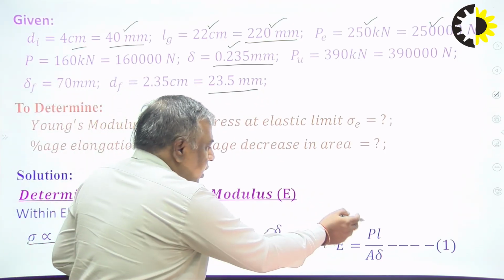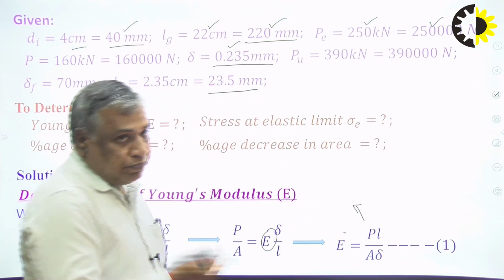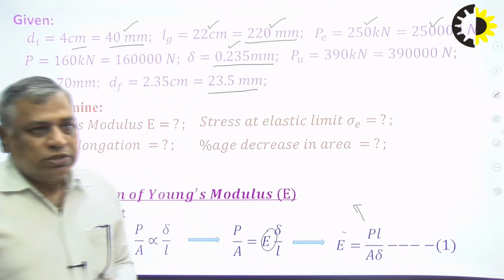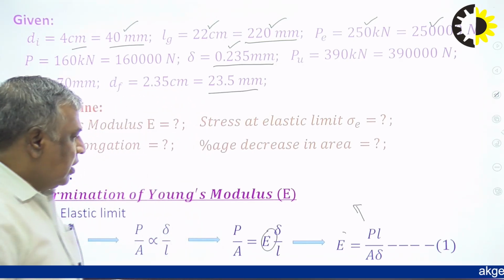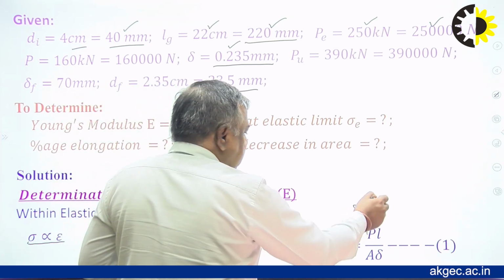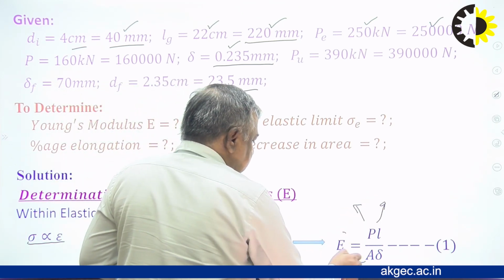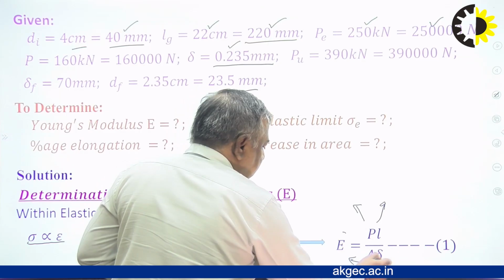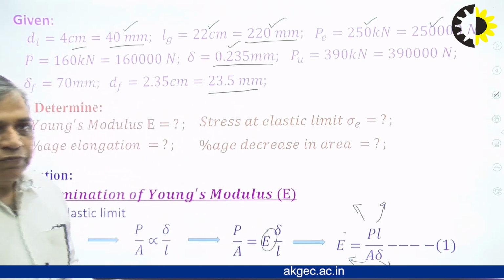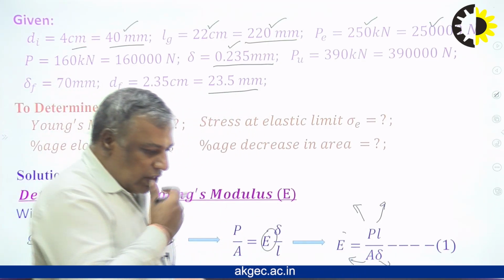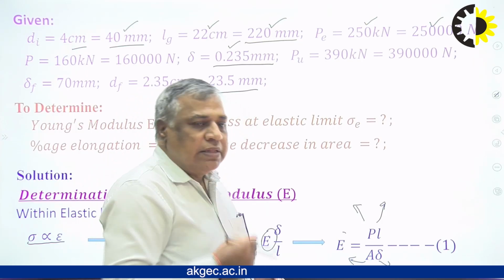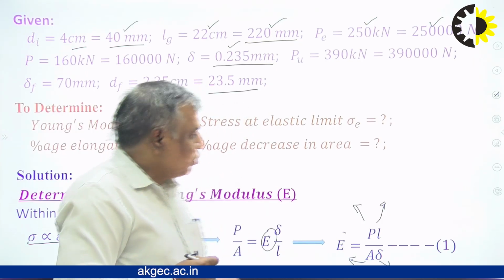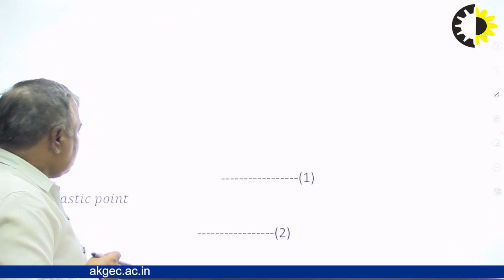Here, we can get P, given here as 160 kilonewton. Then L is the length, A is the original area, and delta is the deflection. So we will find what is given and what we need to determine to apply this formula to determine the modulus of elasticity.